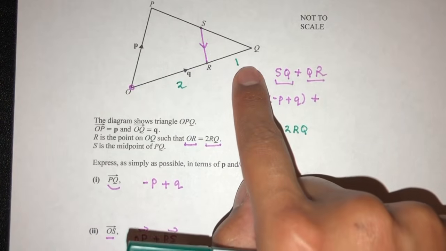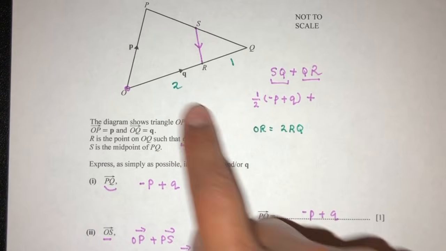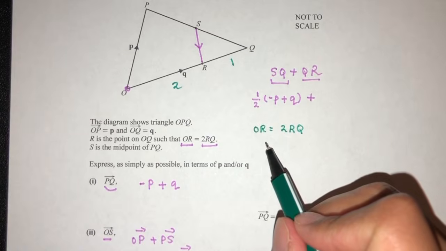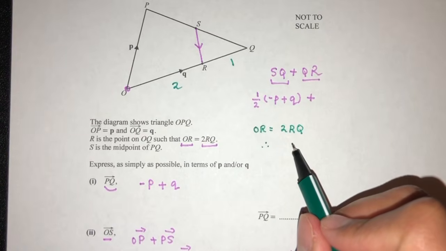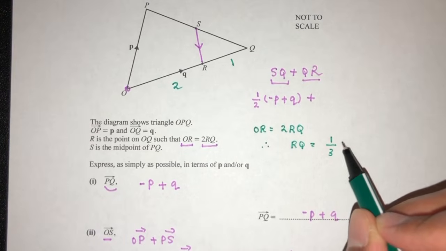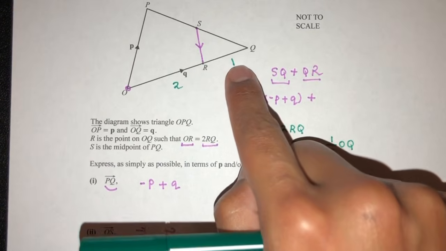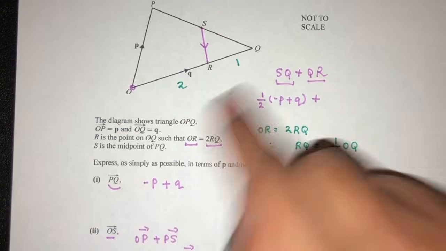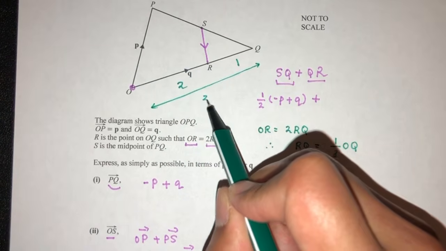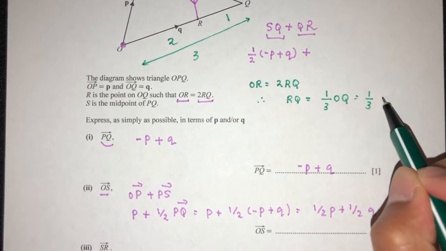If RQ was 1, it means OR has to be 2. That's the ratio. Now from here we can derive that RQ has to be 1 over 3 of OQ. Together it is 3, right? So 2 plus 1 is 3. So RQ is 1/3 of OQ. That will be 1/3 of Q.